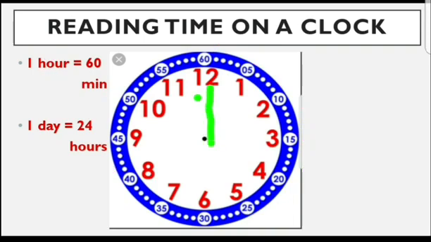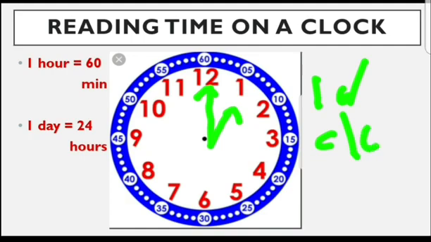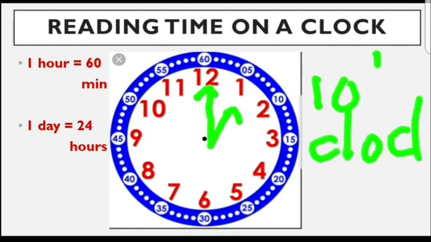Now children, suppose your minute hand is at 12 and your hour hand is at 1. So children, now what is the time? This time when the minute hand is at 12 and the hour hand is on any other number, for example, here the hour hand is at 1. So this time is 1 o'clock.